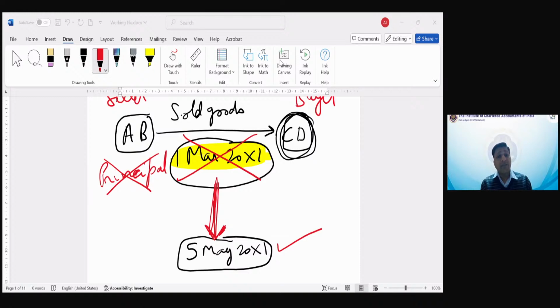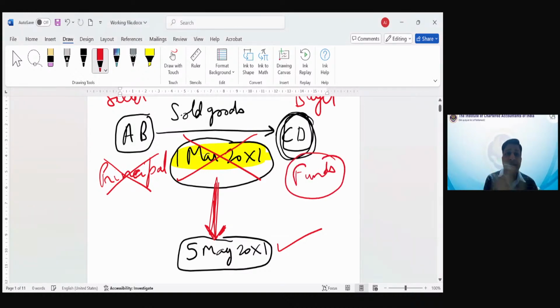On 5th of May, we are still applying the accrual concept. The only thing which has changed on 5th of May is that CD has got some funds. Funds are received by CD, not AB. So we are not following cash basis of accounting. We are not following receipt basis of accounting.